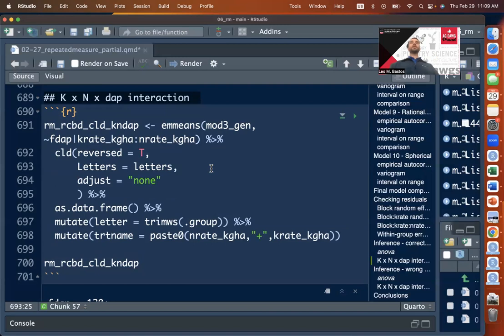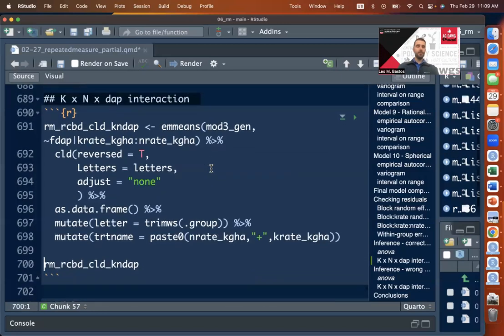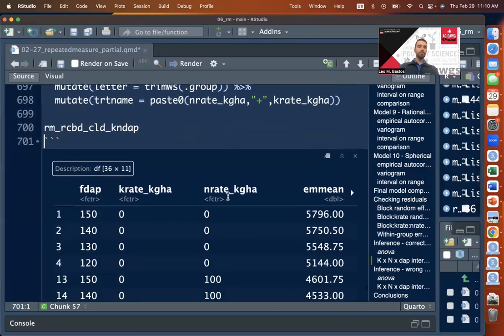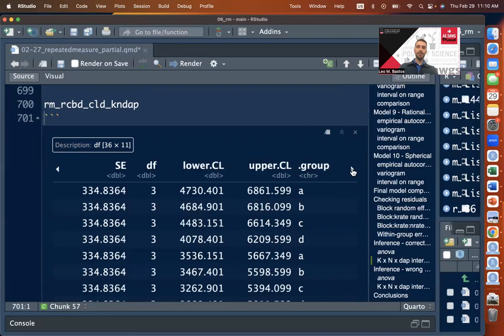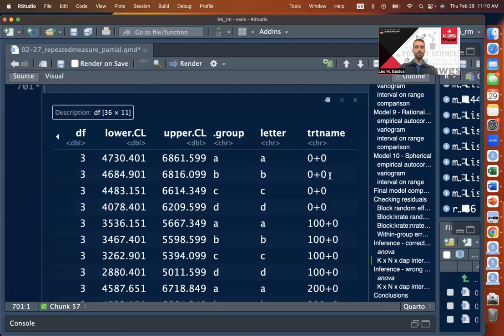And if you're doing this on your side as well, you can do this. In class, especially the first times we see something, I like to break it down into parts so it's easier to understand. But here we're just combining maybe 3 or 4 chunks into one. All right, so if we run that, we get the data set with all the factors. So days after planting, potassium, nitrogen, the EME, and the letters, and the treatment name.